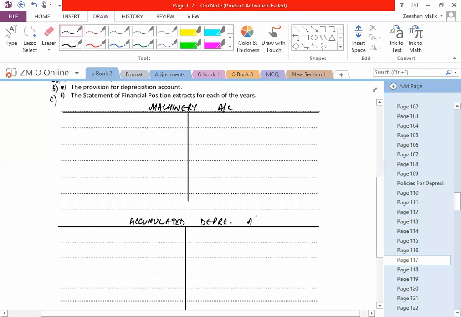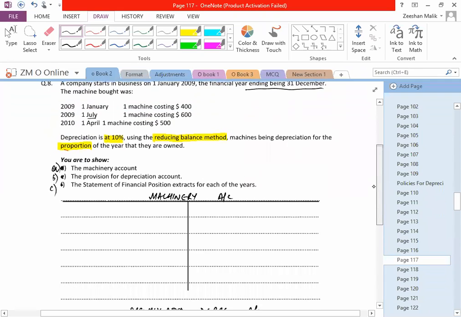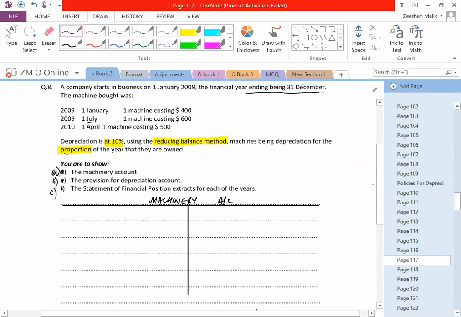As you know, every non-current asset has its separate account. For example, furniture has a separate account, building has a separate account, machinery has a separate account, motor vehicle has a separate account. For 2009, how many assets we have in 2009? So we have 2 assets in 2009.